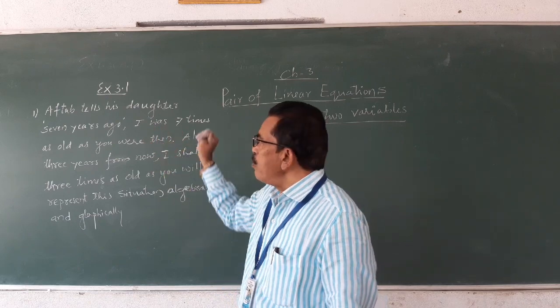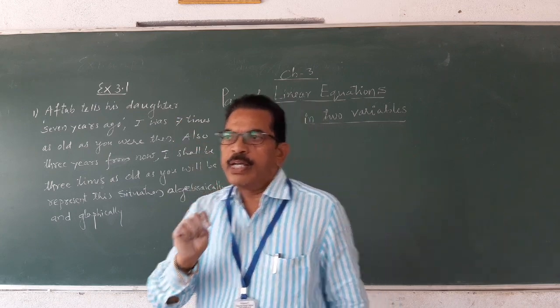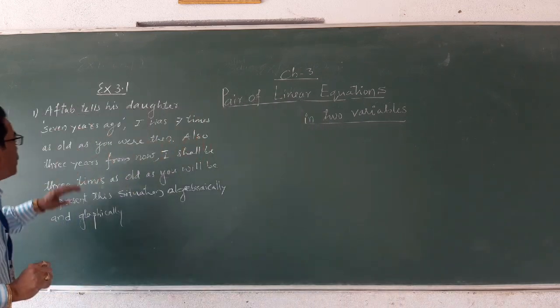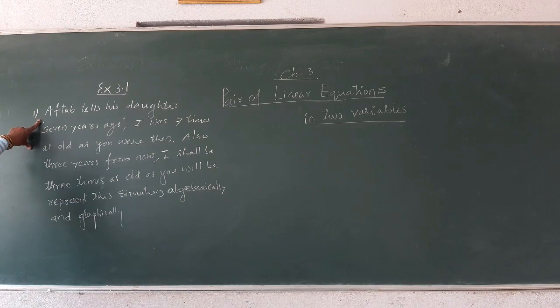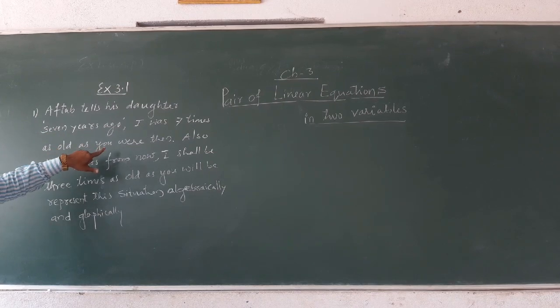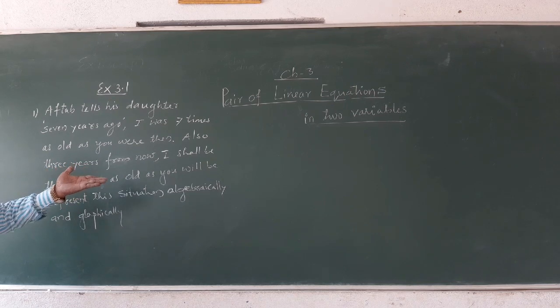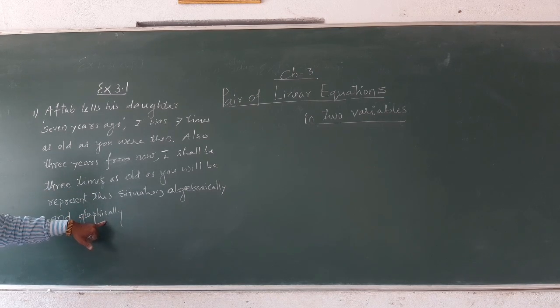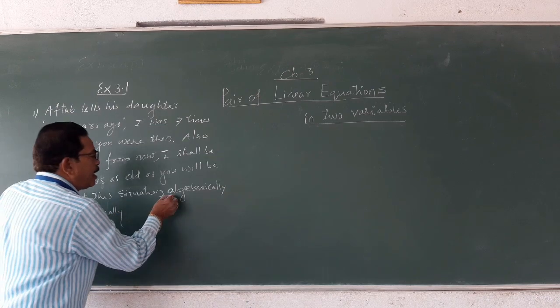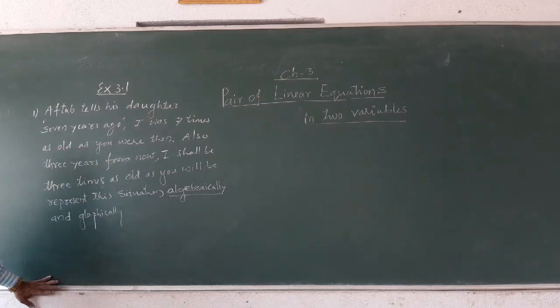Okay, now exercise 3.1, see what it means. Aftab tells his daughter, 7 years ago I was 7 times as old as you were then. Also 3 years from now I shall be 3 times as old as you will be. Represent this situation algebraically and graphically. Let us represent it algebraically.